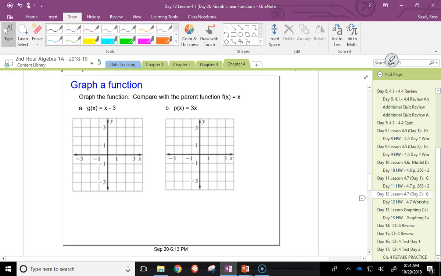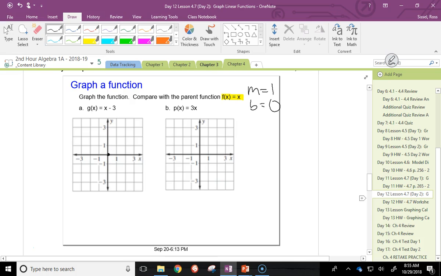So this is our parent function. What's the slope? 1, every single time. Don't forget that. And what's our b for the parent function? 0. Can you graph that? What's the first point? 0, 0.